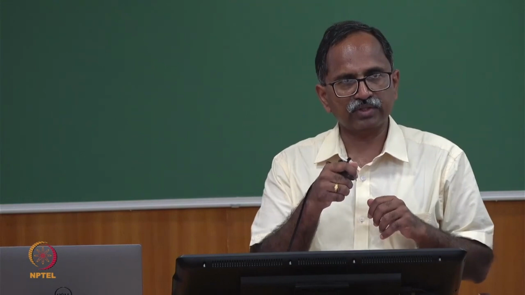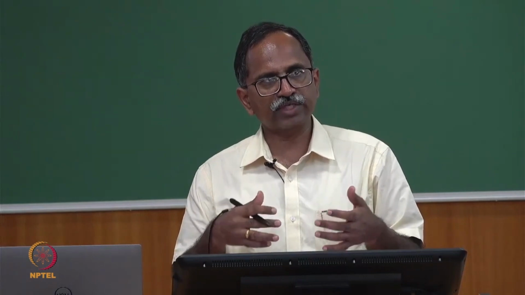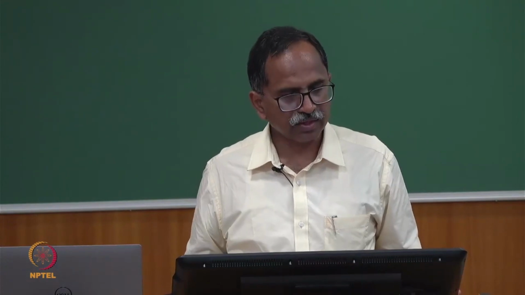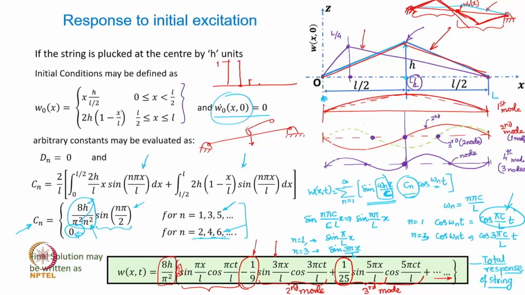And then basically the location at which you hit it will decide which particular modes of vibration are going to get excited. So depending upon what pitch the player wants to generate, he strikes at an appropriate location on the stretched string. That's another way of looking at the response to initial excitation of a stretched string.